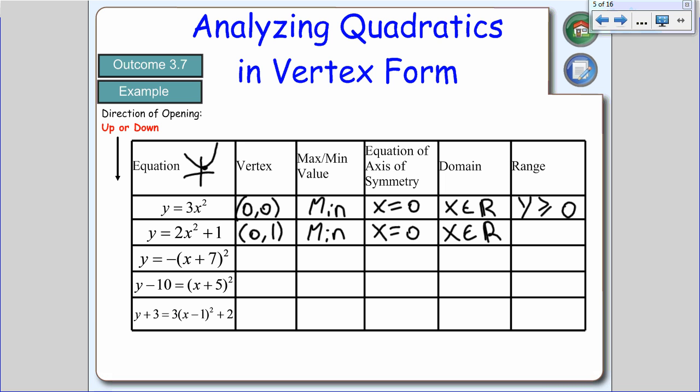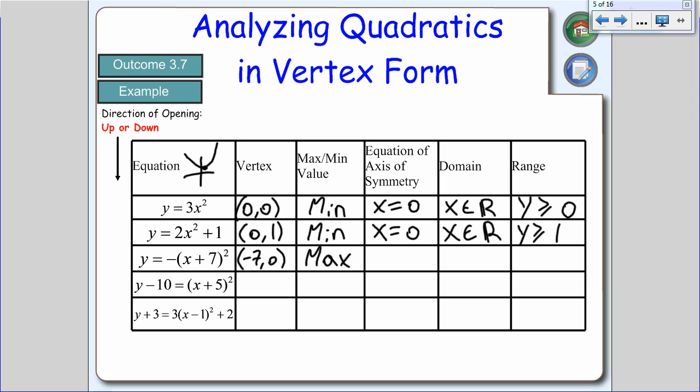The next one. What's my vertex going to be? -7. Oh, wait. What's our range going to be? Exactly. Do I have a maximum or a minimum? Maximum. Why is it a maximum? Because it's a negative a out front.